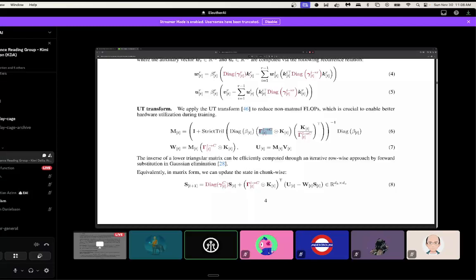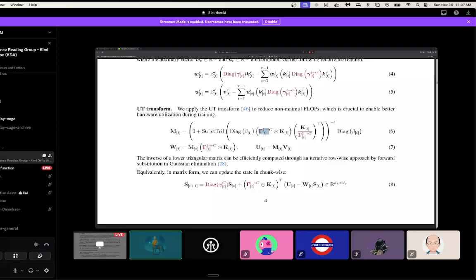You said it's the relative cumulative decay between steps I and J applied to K transpose? Yes. So remember, we're using this to get our U's and W's in this stacked format. Both of those have this sort of decay weighted dot product of the key vectors, and these diagonals only go from gamma I up to gamma R. So we need a way of ensuring that.